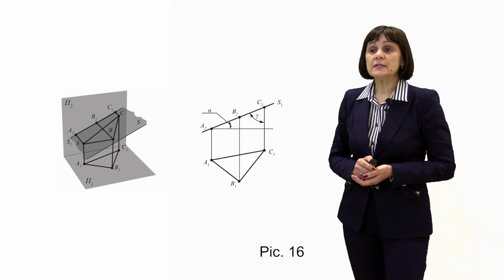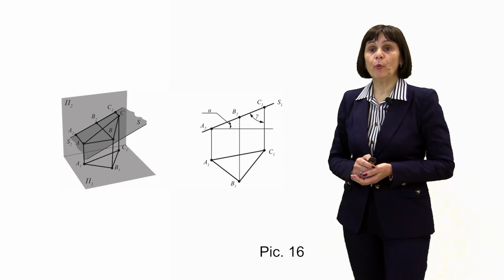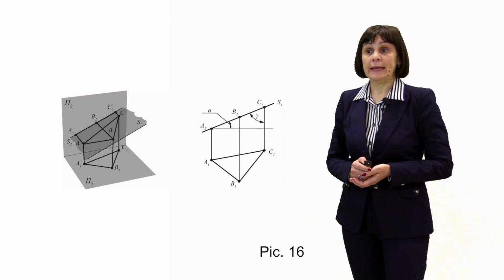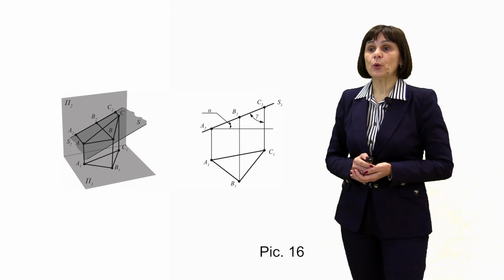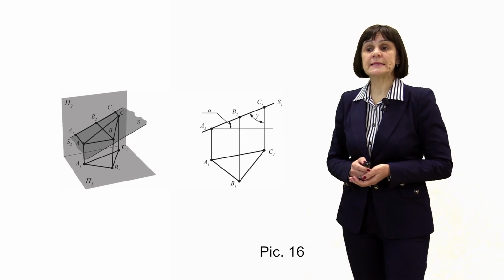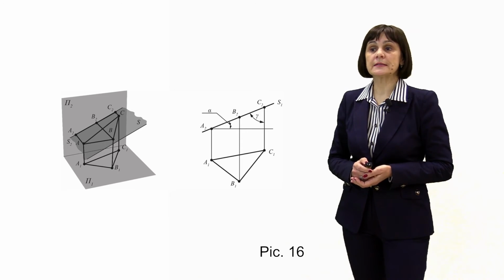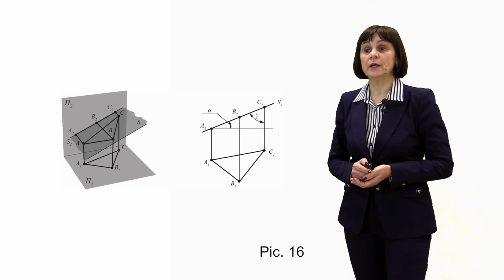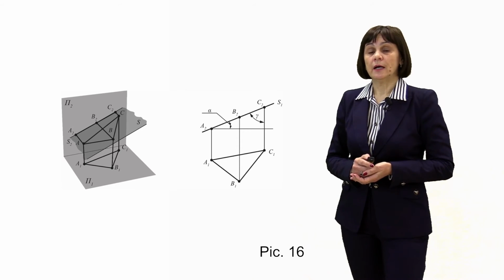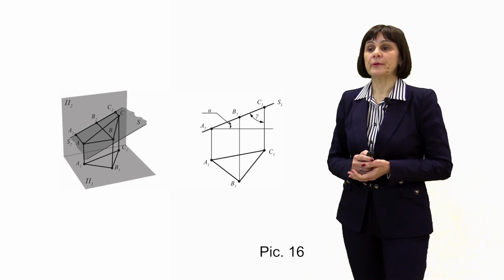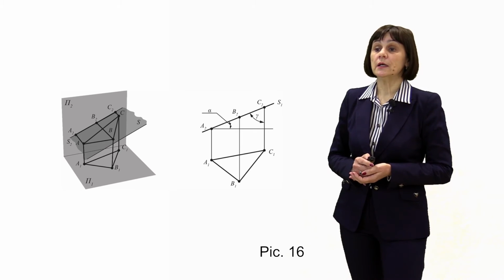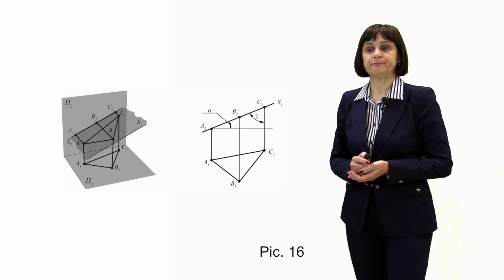The projections of all lines and points lying in the front projecting plane coincide with the front trace of this plane. The angles of inclination of the front projection plane to pi 1 and pi 3 profile plane are projected on the front plane of the projections in full size.